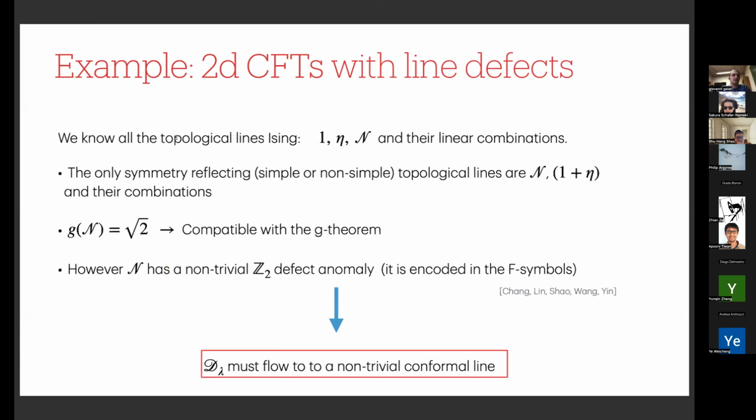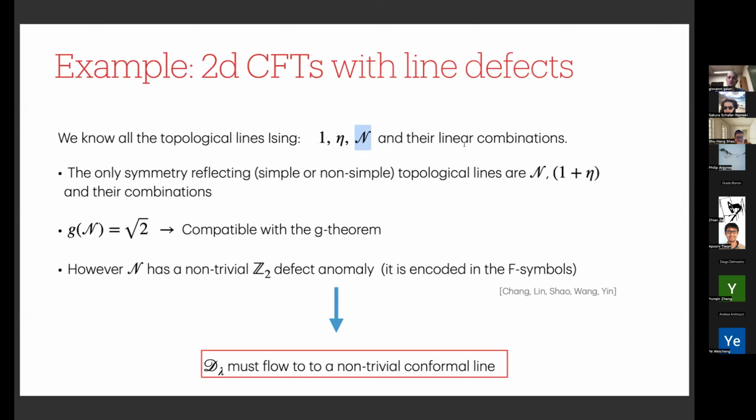But now in the Ising CFT, we know all the possible topological lines. These are 1, eta, and n, where n is the Kramers-Wannier duality defect, and all the possible linear combinations of them with integer coefficients. Now we have to look at the possible symmetry reflecting lines in this set.